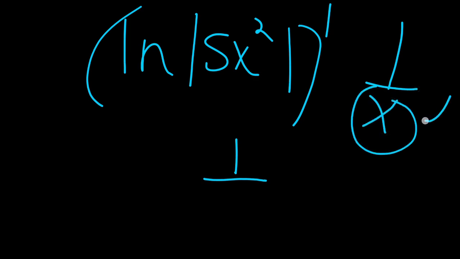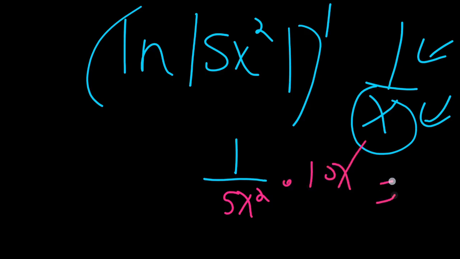This x is going to be your function value, and the top is going to be your derivative. So the function value is 5x squared on the bottom times the chain rule, which is 10x, which is going to be 10x over 5x squared, and that's your answer.